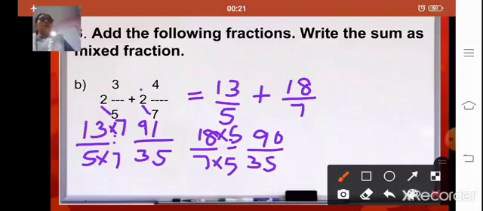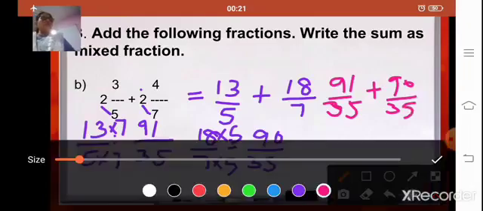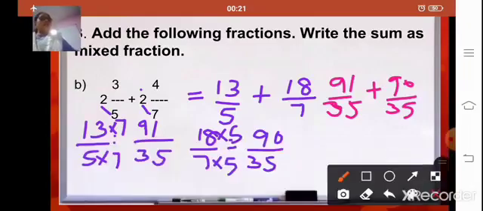Now add both the fractions, that is 91 upon 35 plus 90 upon 35. So your answer will be 91 plus 90, you will get 181 upon 35.